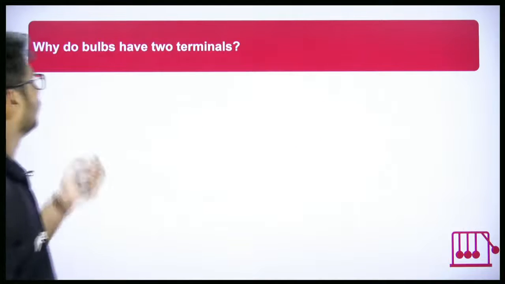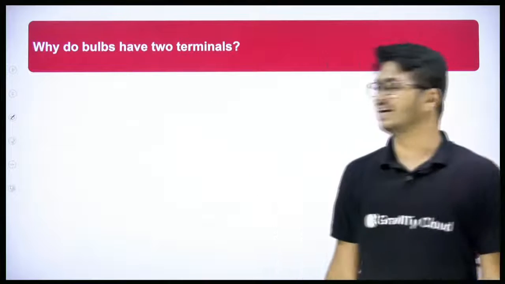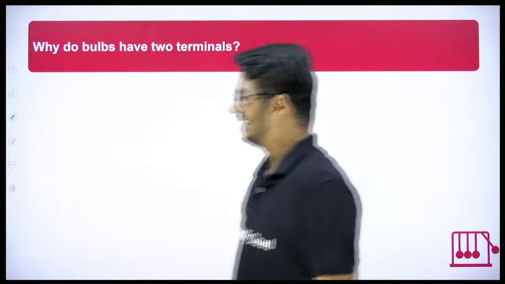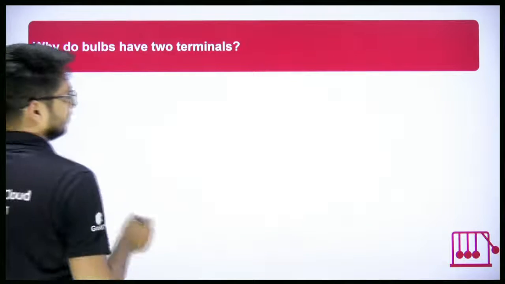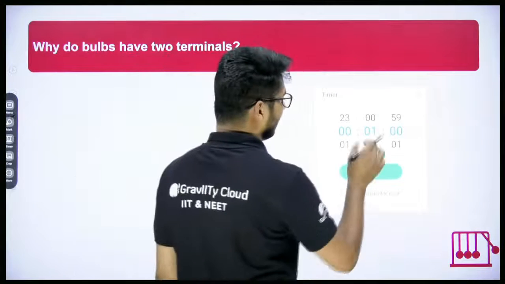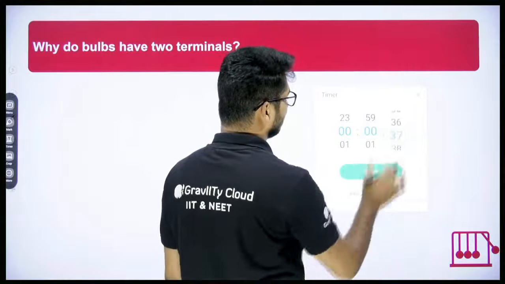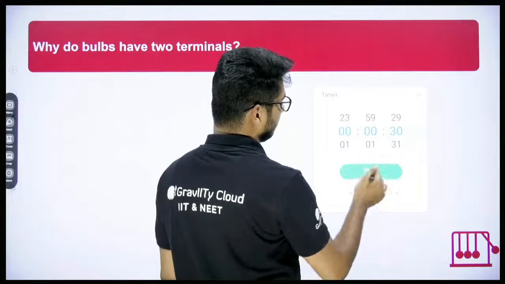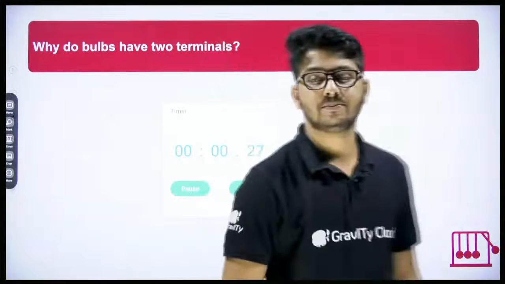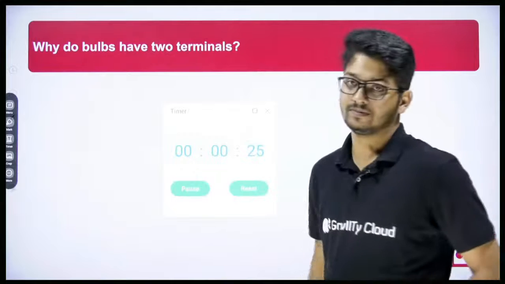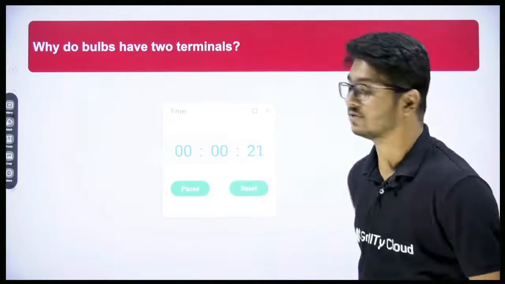Next question. Why do bulbs have two terminals? Very interesting one. I'll give you 30 seconds, everyone. Please think and write down the answer, and then you can compare your answer with mine. Why do bulbs have two terminals? What do terminals do?